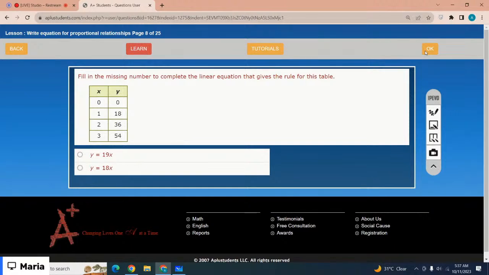The correct option is y equals 18x. Very good. You can complete the table lesson by yourself later today.